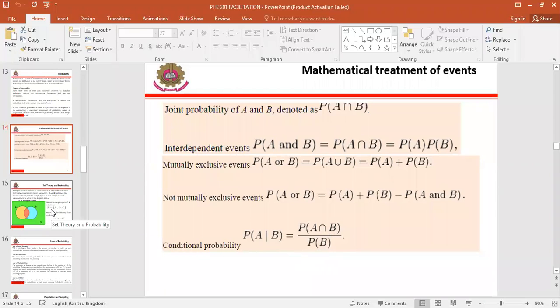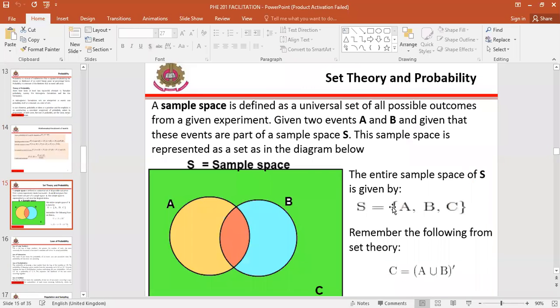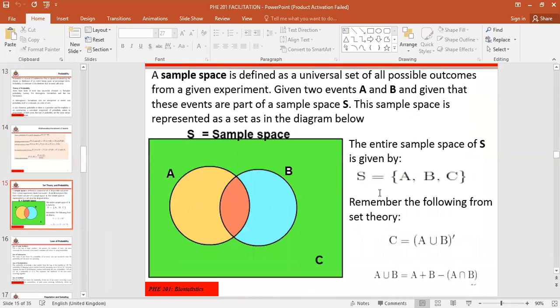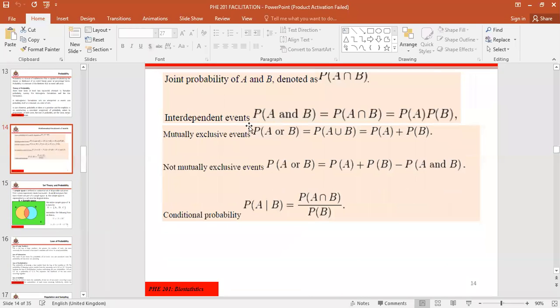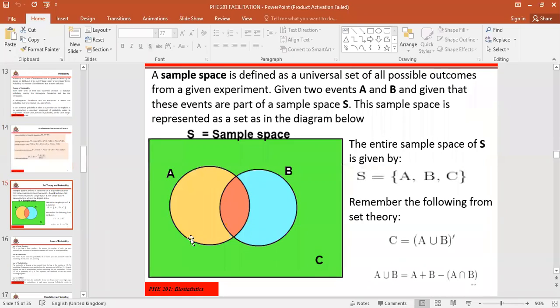Now, let me use these 3 principles to explain this diagram to you. This is the probability relationship that we have represented in this diagram. We have 2 events, A and B, and the sample space S in which these events are happening.